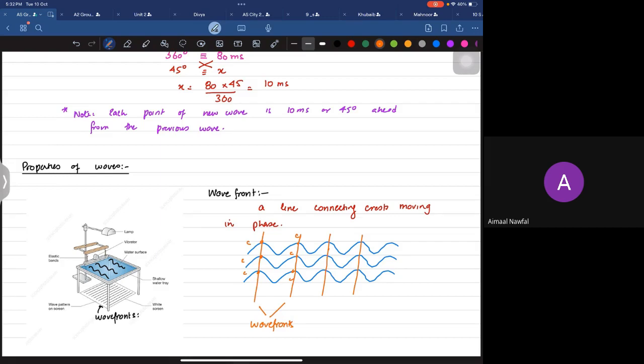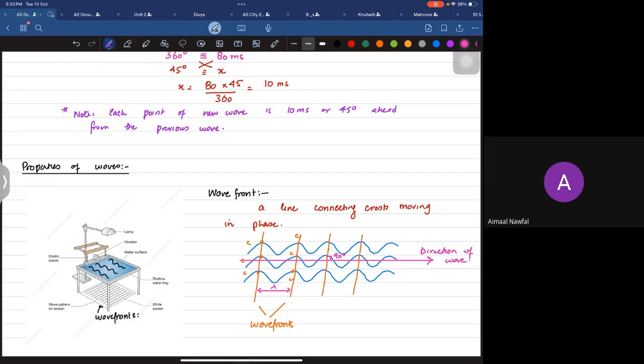And the direction of the wave is like this. The direction of wave will always be 90 degrees to the wave fronts. Between two successive wave fronts, you can find the wavelength or time period if you want to.